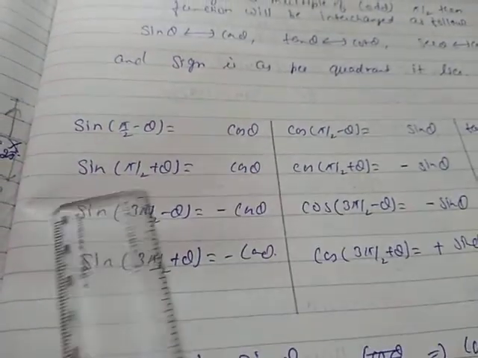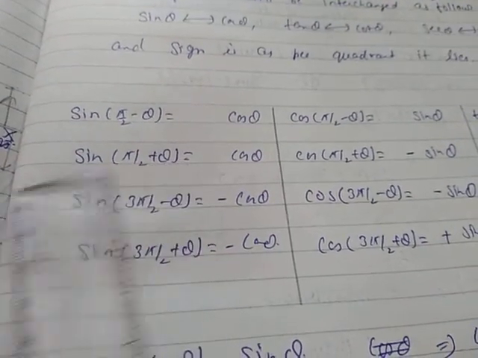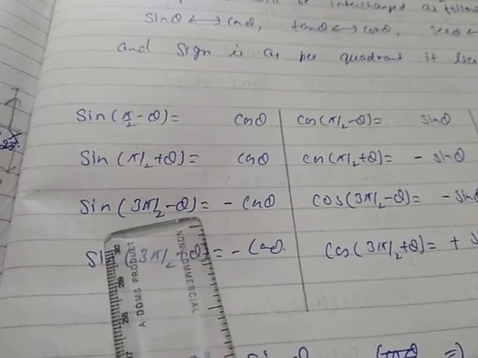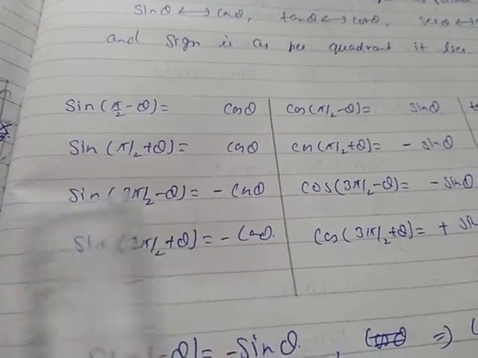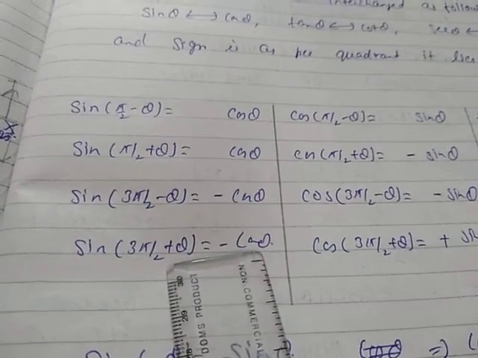Now here sin pi by 2 minus theta. Pi by 2 is an odd multiple, so sin is converted into cos. Here in all options, the sin is converted into cos, because pi by 2 and 3 pi by 2 are all odd multiples. And the sign: pi by 2 minus theta is first quadrant, positive; pi by 2 plus theta first quadrant, positive; 3 pi by 2 minus theta third quadrant, therefore negative, and here also negative.